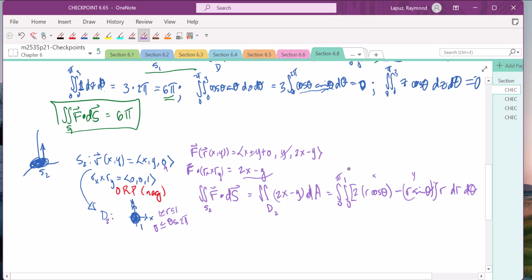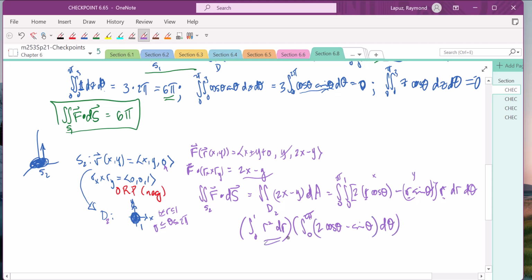Okay, now I think we can see the same sort of situation here. This time it's actually nicer because I can take the r's out and separate this because these are just factors. So I'm going to integrate from 0 to 1 of r squared dr. That's this r over here, and these two r's factor out together to make another r, so that's r squared. And then I would have left over from 0 to 2 pi the integral of 2 cosine theta minus sine theta d theta.